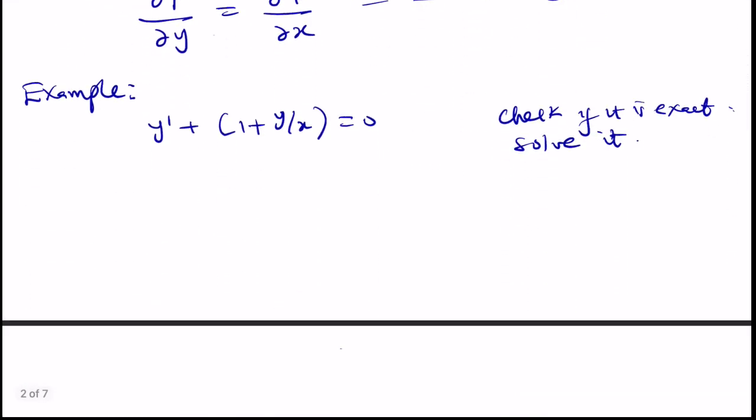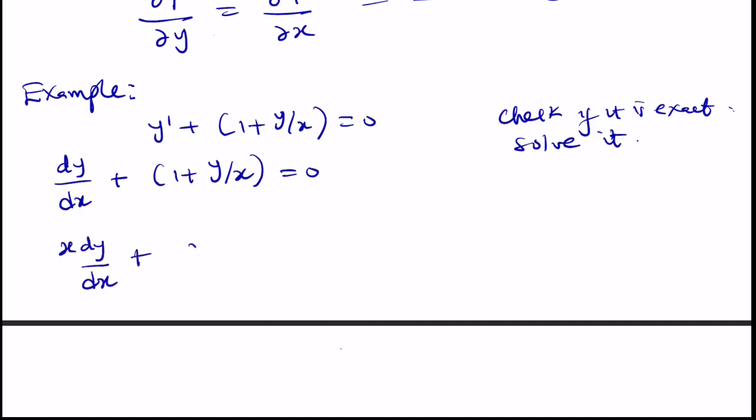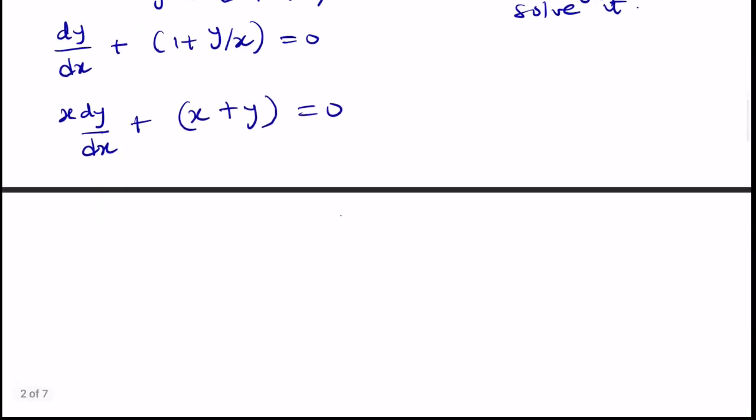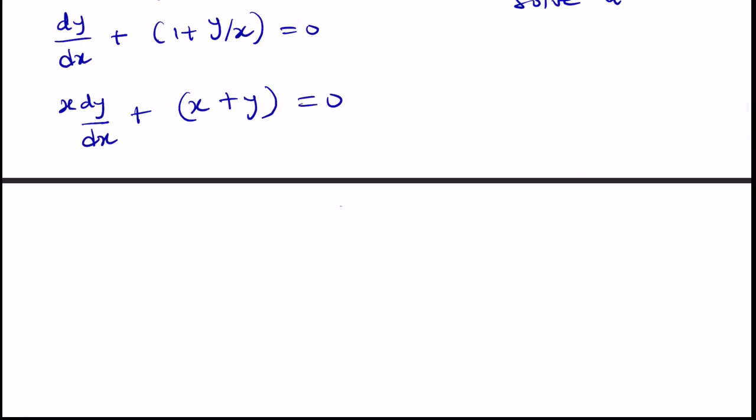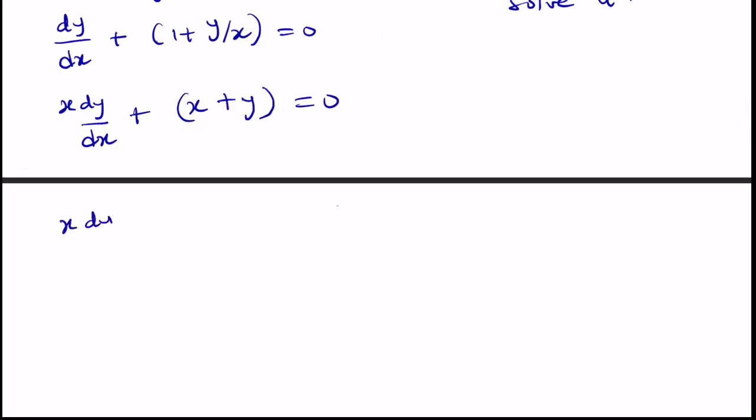Therefore, this can be written as dy dx plus 1 plus y over x equal to 0. I can multiply everywhere by x so that I will have x dy dx plus x plus y equal to 0. I can multiply everywhere also by dx so that I have x dy plus (x plus y) dx equal to 0. I'm calling this equation star.